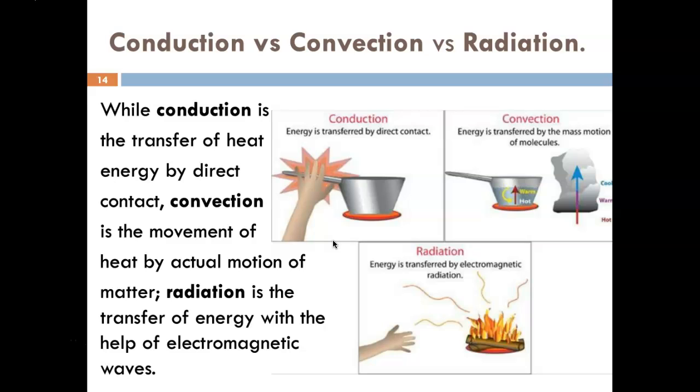Convection is when the heat moves around, like clouds and warm air rising, or inside the pot itself, from inside the water going from hot to warm. That's conduction, convection. And then radiation, that's the transfer of energy with the help of electromagnetic waves. So that's the difference in those three items. That's all for now.